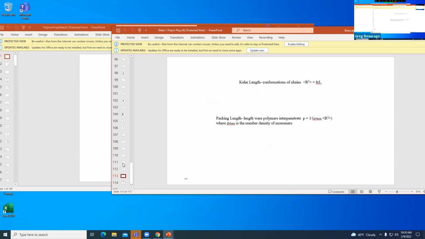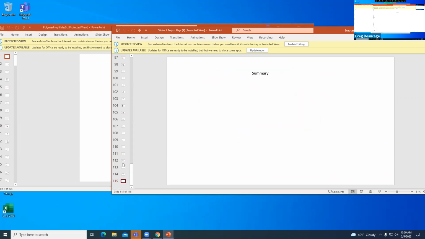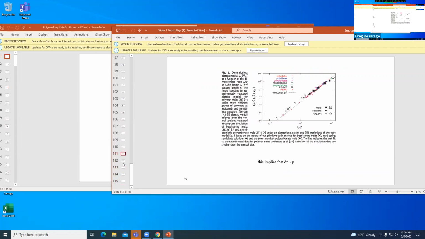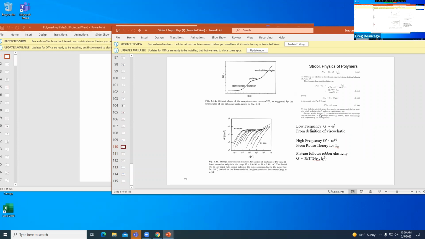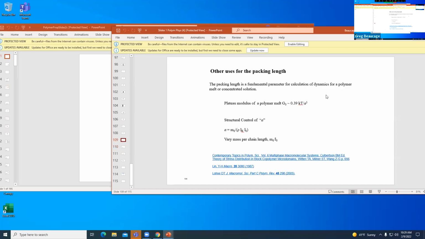I just talked about these other packing length and the packing length and how you can predict the plateau modulus from it for everything. It's like a universal. So you can predict this behavior for every polymer just knowing kind of the Kuhn length, the temperature, the number of Kuhn lengths, and something else.